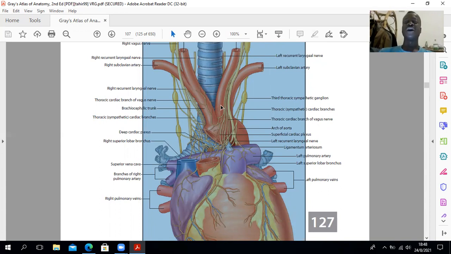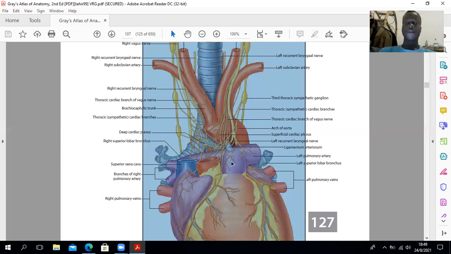They'll give the sympathetic to the deep cardiac plexus, which is in this region. You'll find it at the level of the bifurcation of the trachea, that is just at the carina, right?